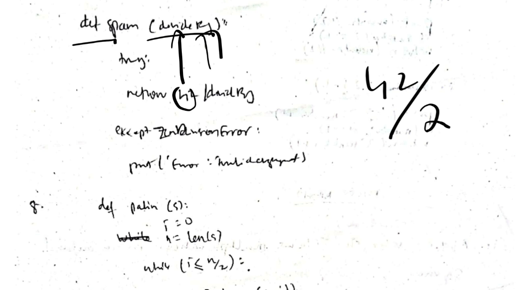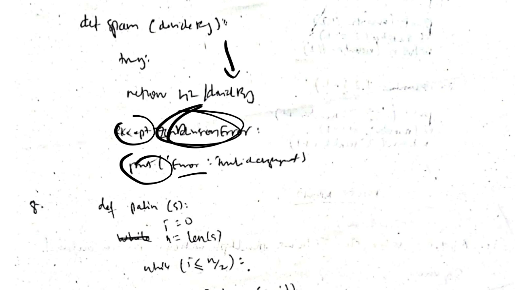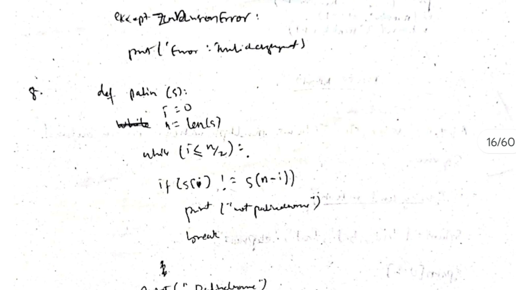If it is some number other than 0, it will run as usual. If it's 0, at that time this will run except ZeroDivisionError. This will detect if this is 0 or not. If it's true, then it will print error, it cannot execute, invalid argument. So that's how you handle the errors.